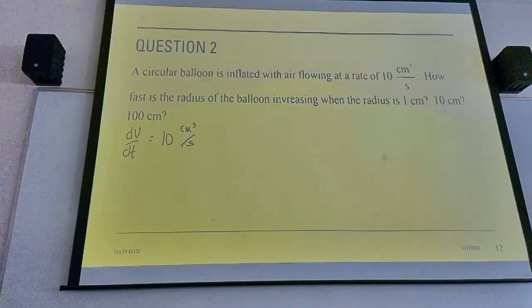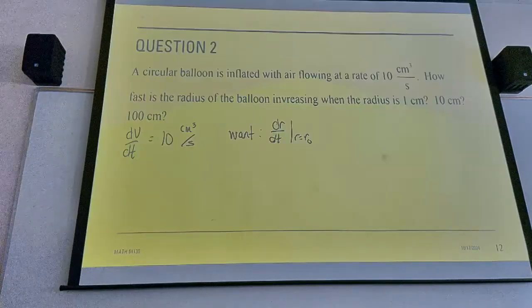All right, we know the rate of change of volume, 10 cubic centimeters per second, and we want dr/dt at a value of the radius. What's the relation we're looking at?